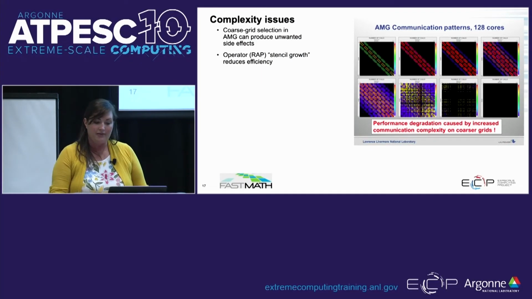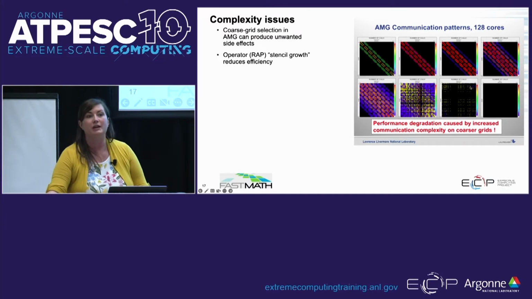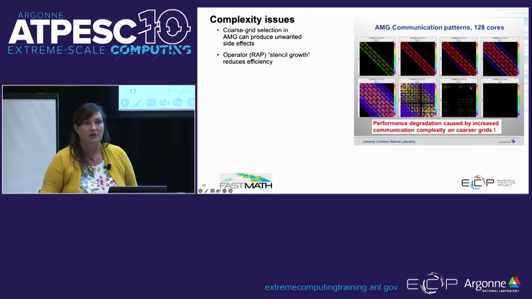We can see this becoming an issue if we look at the communication pattern, where the different colors indicate messages being sent and received. We see this communication increasing as we're coarsening, and this increased communication will cause performance degradation.